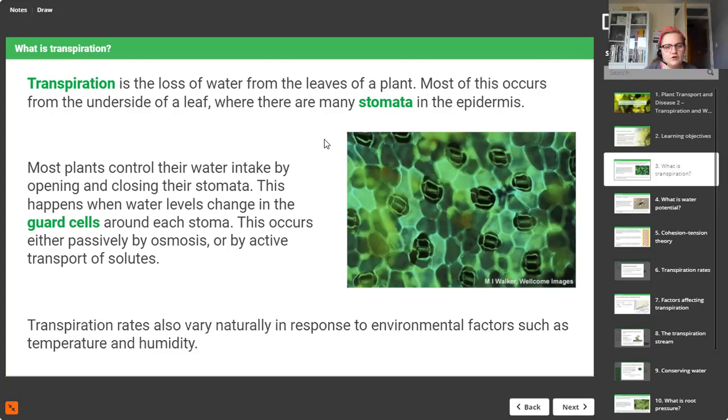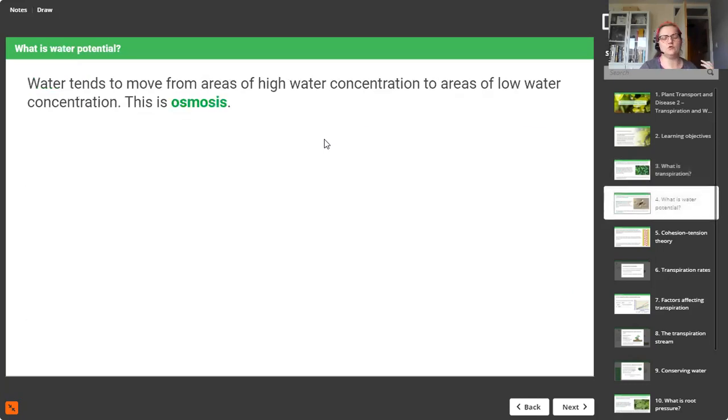Transpiration rates also vary naturally in response to environmental factors, like temperature and humidity. We talk about water potential a lot when looking at transpiration. Water tends to move, as we've said before, by osmosis from areas of high water concentration to areas of low water concentration.